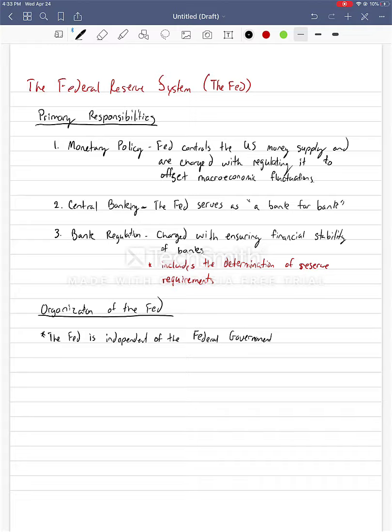Congress oversees the Fed, but they do not interfere with the decisions made. Now, if the Fed implemented policies that were not in the best interest of the nation, then of course the Fed could be abolished.